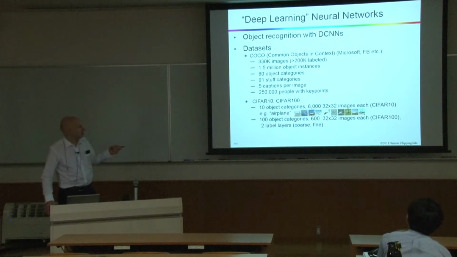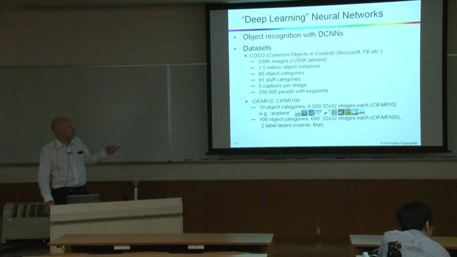So this is an example of the airplane. There are 10 images from the airplane category. The other version, the CIFAR-100, has 100 object categories with fewer images for each category, and it has 2 levels of labeling.